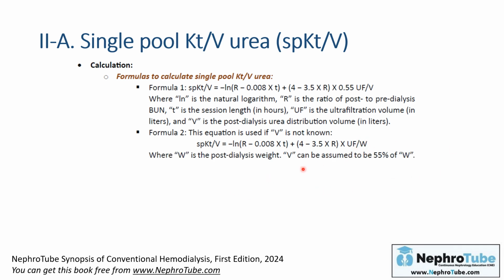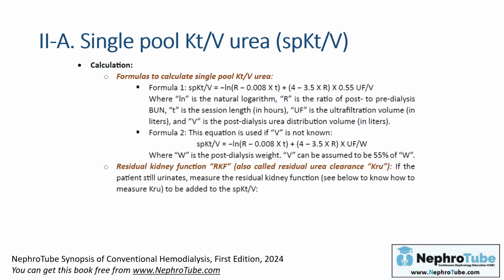We use W if V cannot be estimated. V usually can be assumed to be 55% of the weight. But actually, we can calculate the volume of distribution of urea very easily. But again, no one will use this formula or study this formula. We will use the online calculator that I will mention for you.